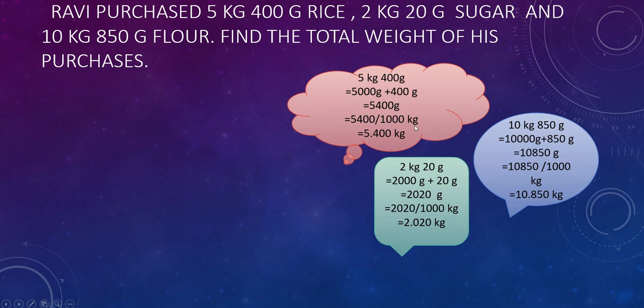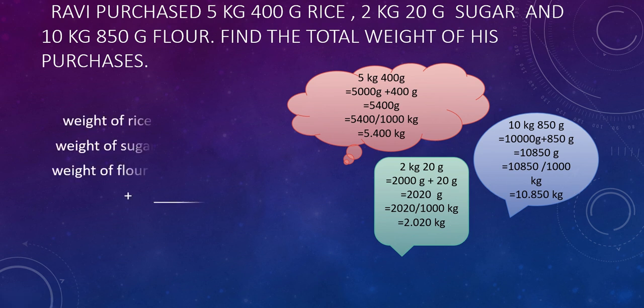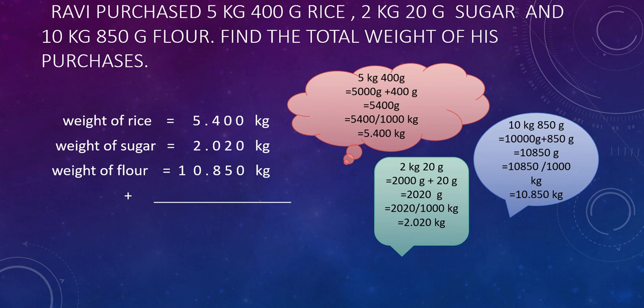So now my question is ready. All the numbers are ready here because I have converted all the numbers into the bigger unit. Now you can make the simple statement as it is written: weight of rice, weight of sugar and weight of flour. So now you just write them vertically and do simple addition.